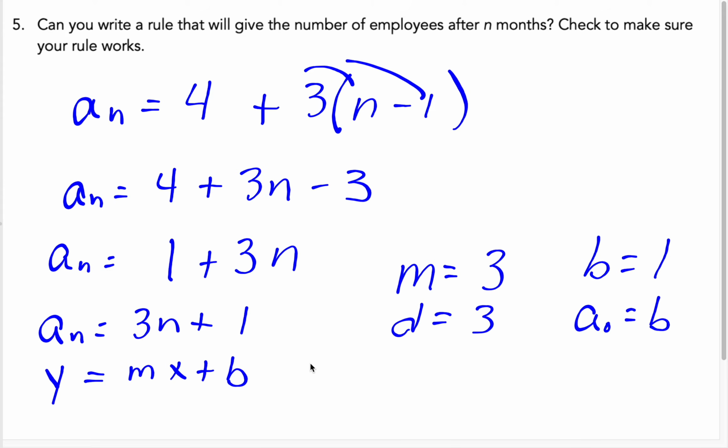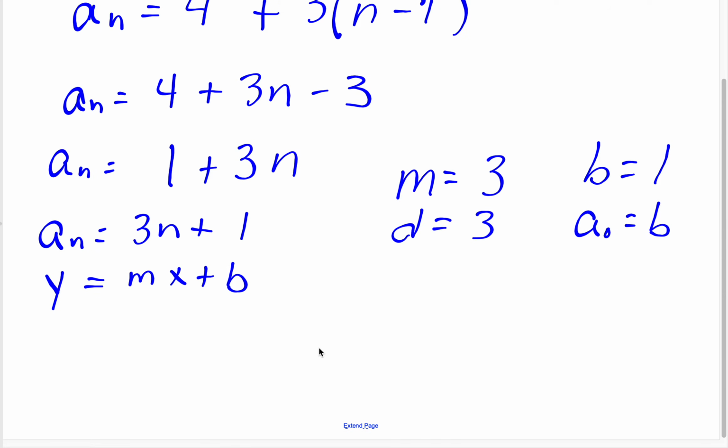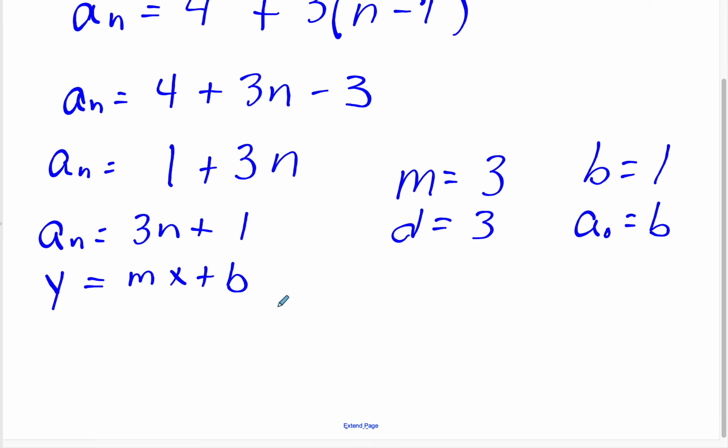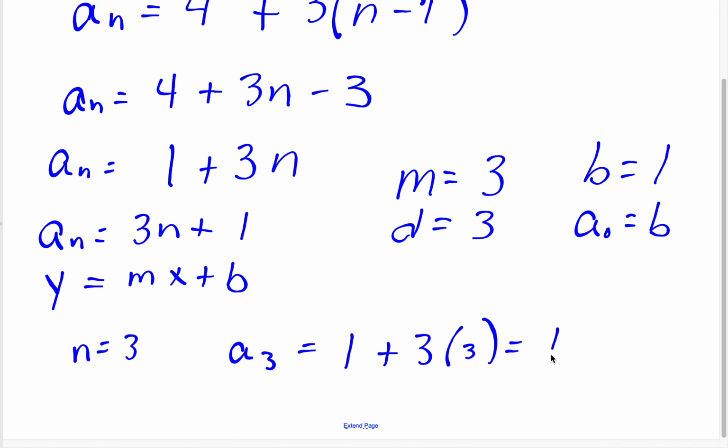So if we did check this, remember I said to check, we could just use this formula right here. Let's just check when n is 3. Then the third term is going to be 1 plus 3 times n. 1 plus 9 is 10.